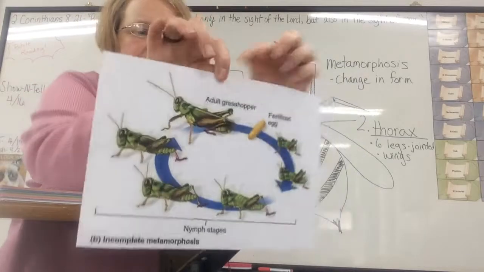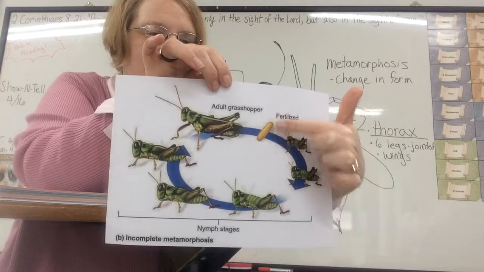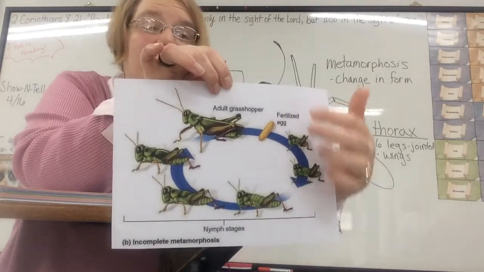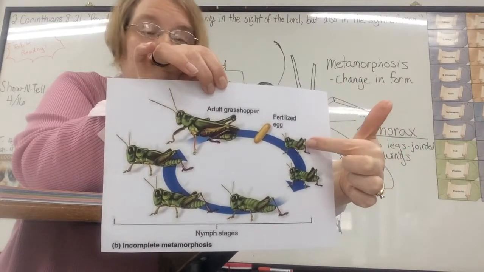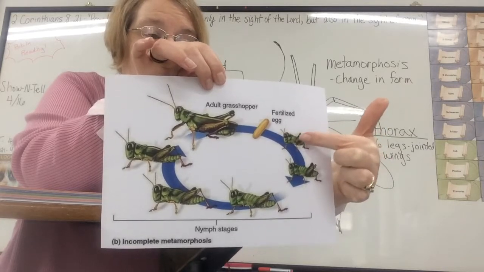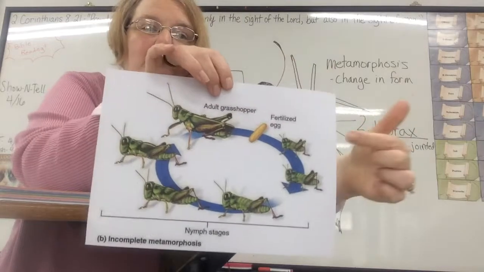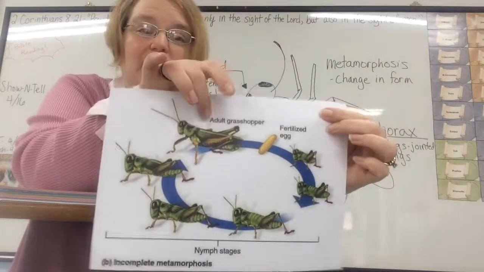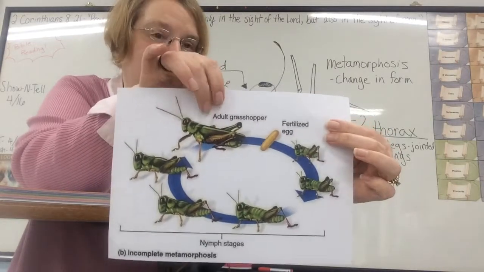This yellow thing that looks like maybe a pill or medicine is a fertilized egg that is ready to hatch, and out comes a little grasshopper. This is what will come out of that egg, and it looks very similar to the adult, but it's really, really tiny. They have all the parts of the adult insect, but it's not strong enough to do what an adult does.